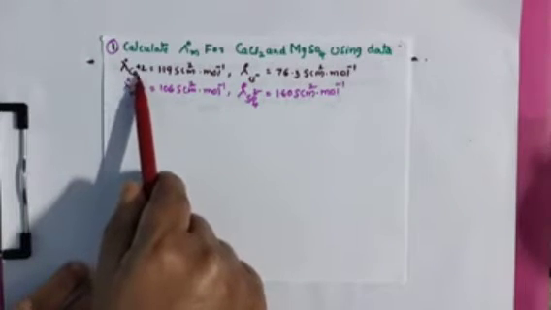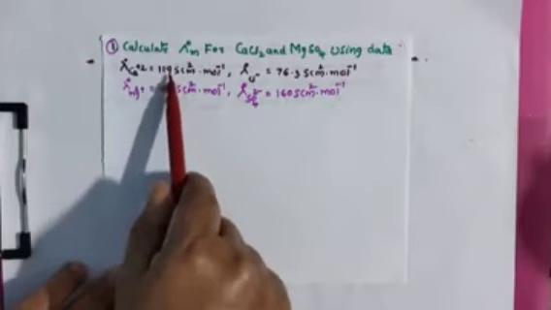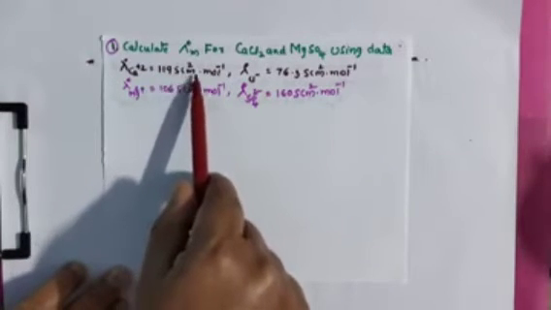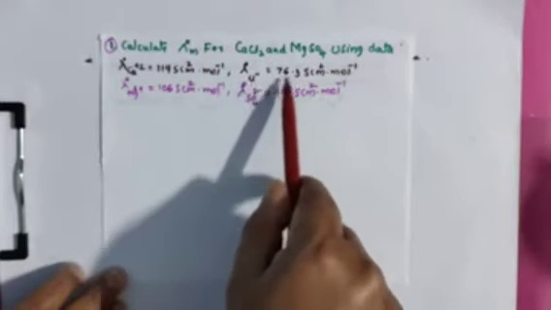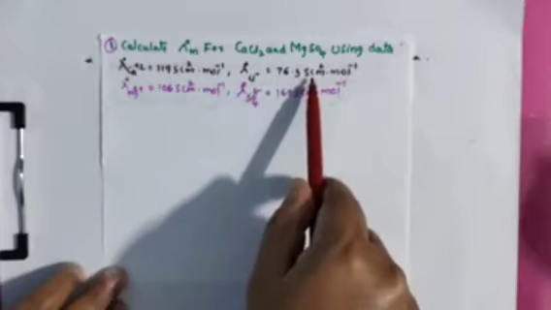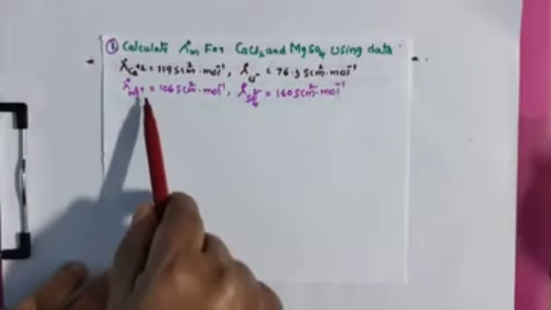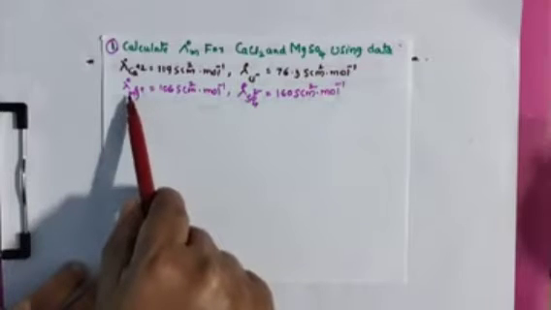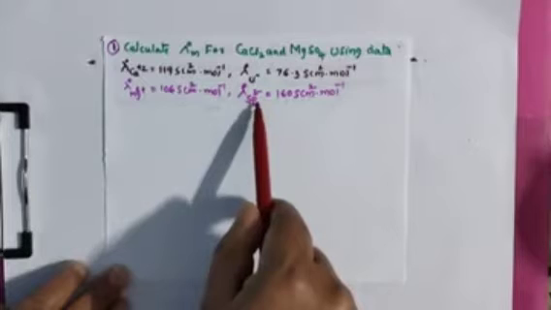Λ⁰ for calcium is 119 S cm² per mole. Λ⁰ for chloride is 76.3 S cm² per mole. Λ⁰ for magnesium and Λ⁰ for sulfate are also given.